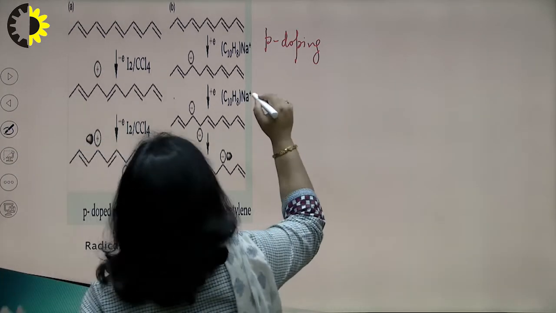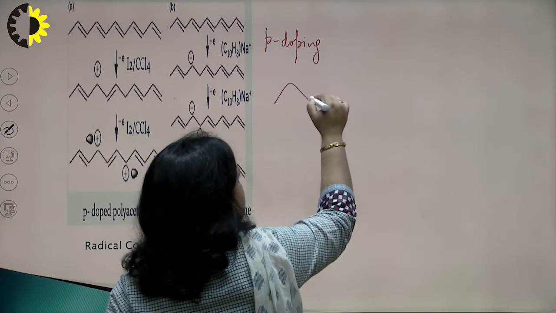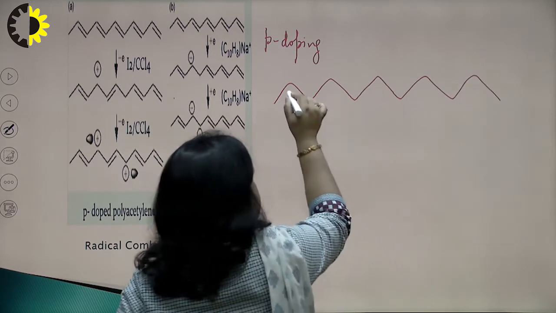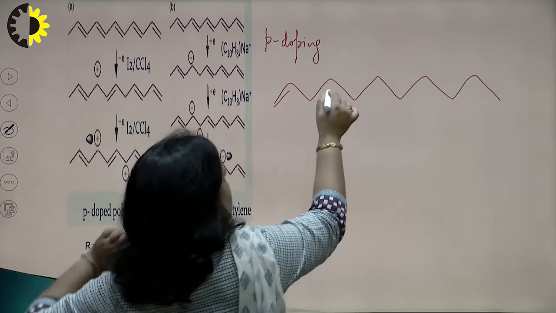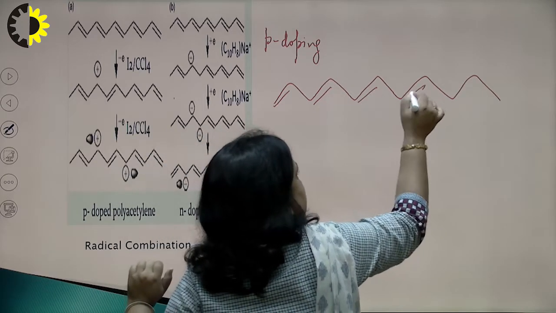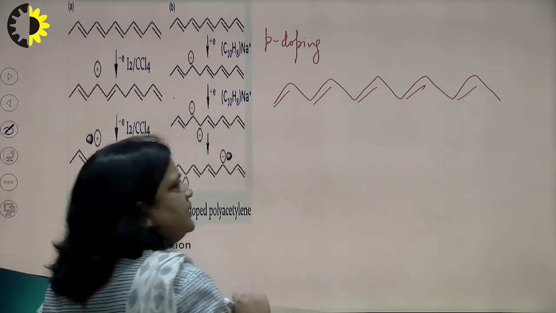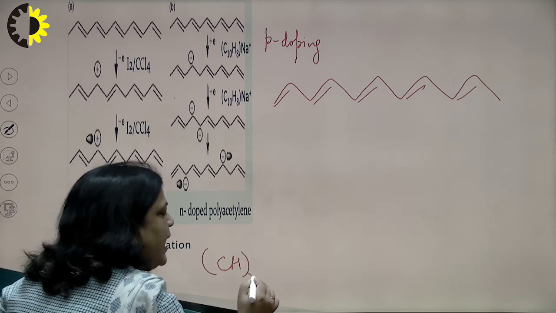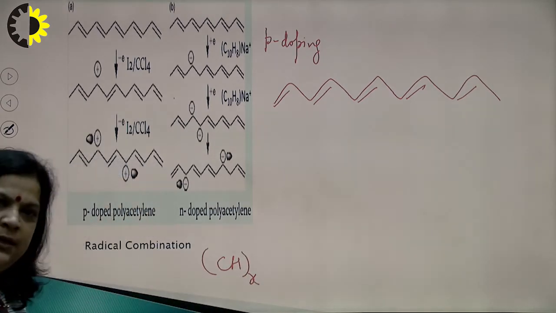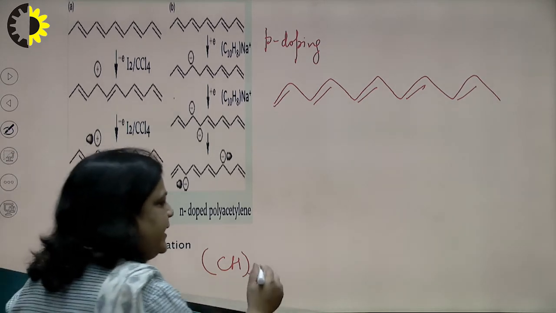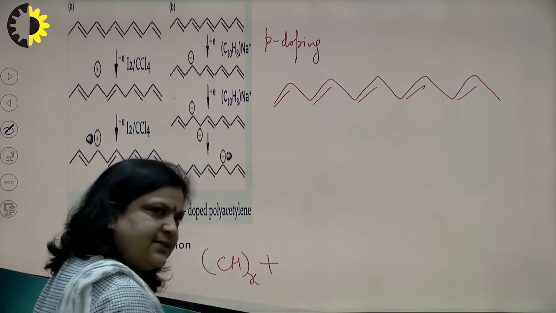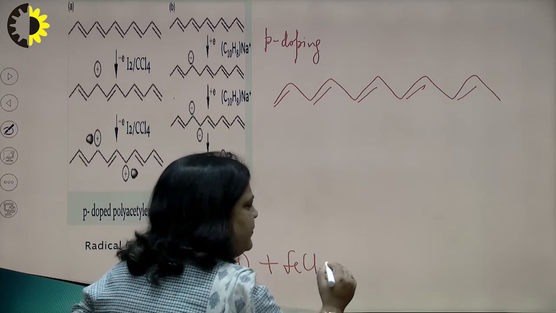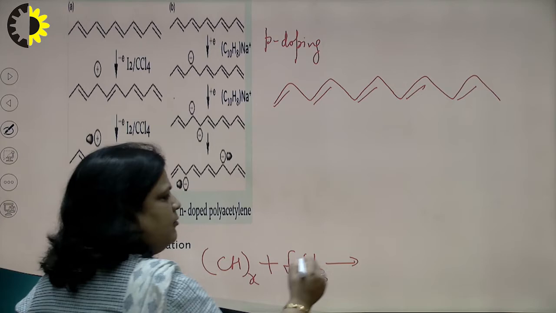So, let us take the example of polyacetylene, like this, alternate double bonds, CHX. So, we write CHX, and when this CHX is treated with an oxidizing agent like a Lewis acid or FeCl3, in this case what will happen?